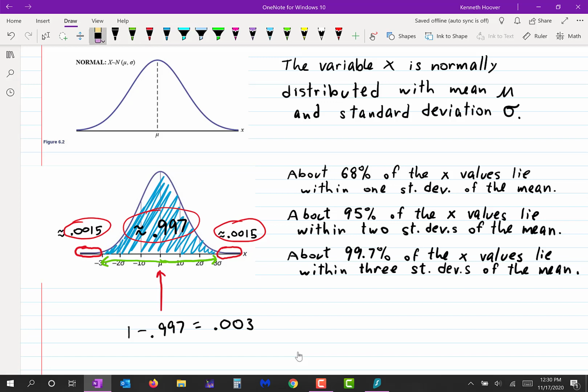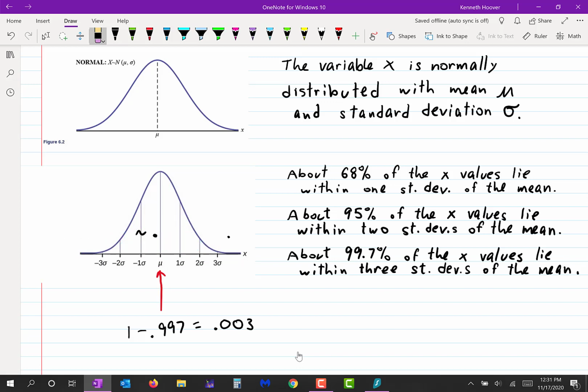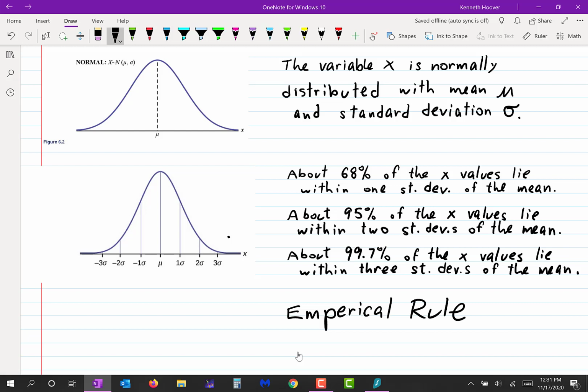Okay, that is a very good rule of thumb to remember. And this rule is usually called the empirical rule. I misspelled it there. That E is actually an I. Okay. You can also call it the 68, 95, 99.7 rule.